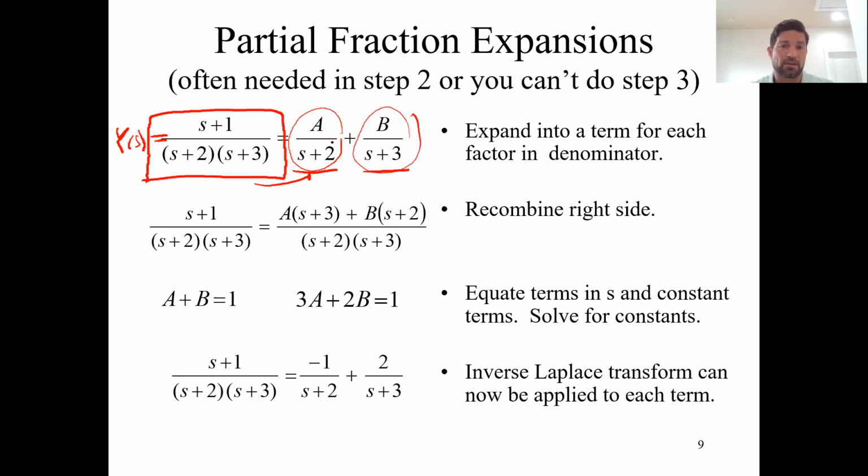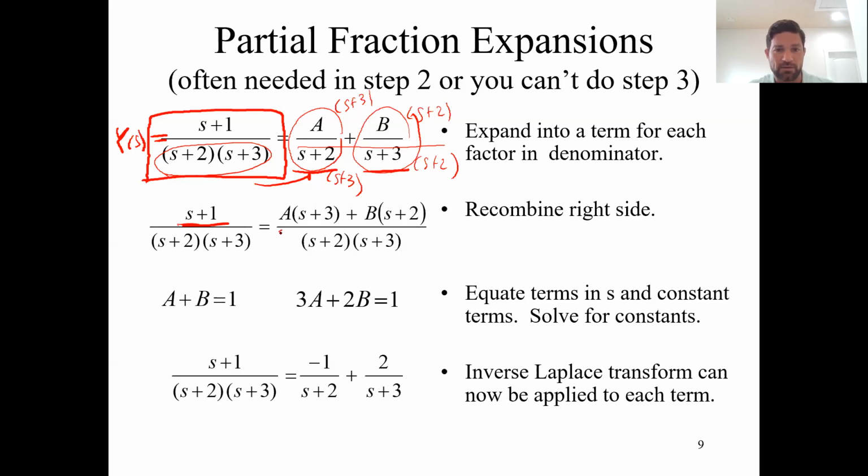The way that we figure out what the numerators are is, if I multiply this side by s plus 3 over s plus 3, and this side by s plus 2 over s plus 2, now you can see that everything is under the same denominator.